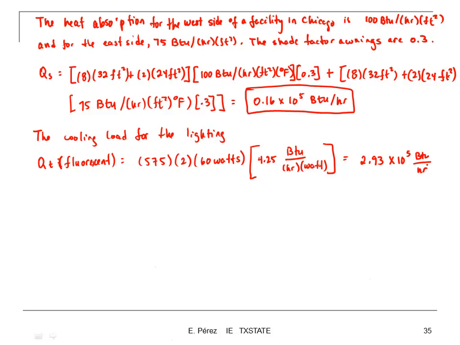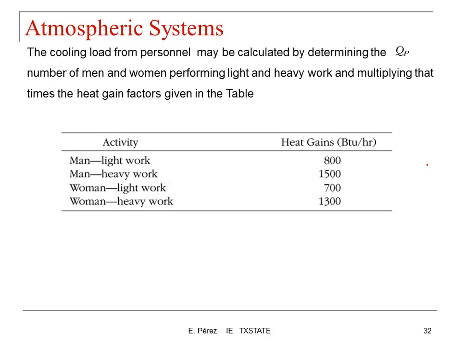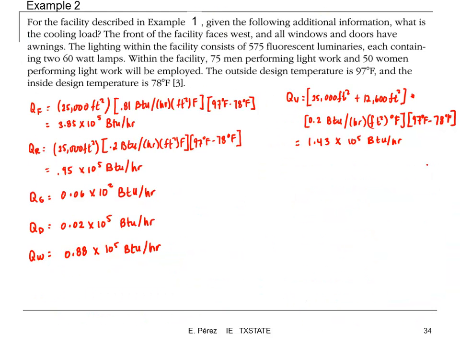Finally, we get to the requirements for the personnel. In that case, we're going to use the table that we have on slide 32. Let me show you that table one more time. This one. So depending on the type of worker that you have within your facility, you can use these estimates to compute the heat gain for your facility per employee. In our case, we have 75 men performing light work and 50 women performing light work.